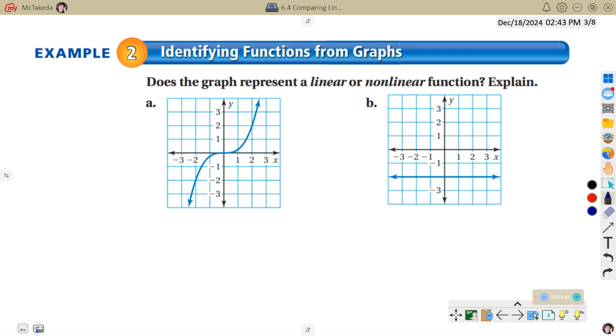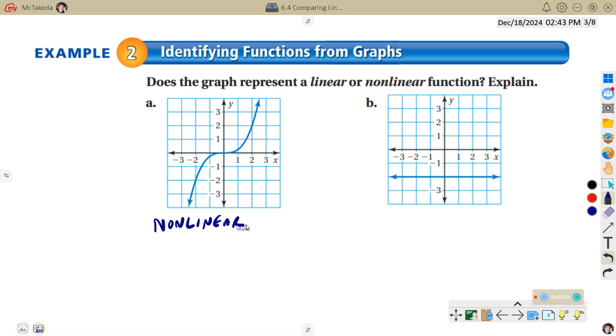Well, this is easy. If we're looking at the graphs, is it a straight line? If it is a straight line, it's a linear function. If it's not a straight line, it's a nonlinear function. Eventually, you'll get there in a year or so with algebra, this is what we call a cubic function. This is obviously not a straight line, so this is a non-linear function.